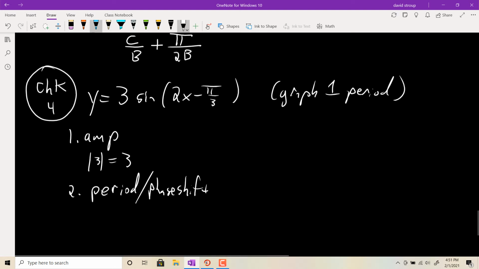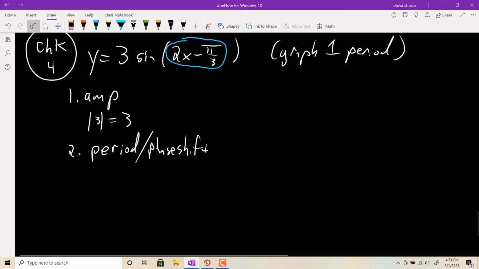And so we take the guts of the sine function and wedge it in between 0 and 2 pi. So we have 2x minus pi over 3 between 0 and 2 pi. Then I solve for x, for the inside of it. One thing you don't want to do is combine stuff together.